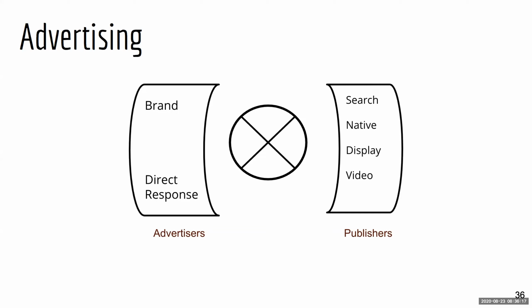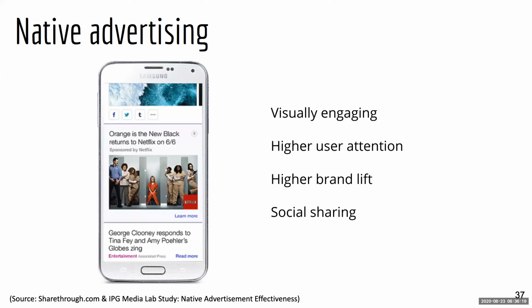Just a little bit on native advertising, because there are quite a few examples here. Native advertising is something like this, where you have a stream, for example, a news stream, and you're going to have an ad within that stream. It is going to be shown as an ad, but it's going to try maybe to keep the same look and feel and so on. And this is a big industry.